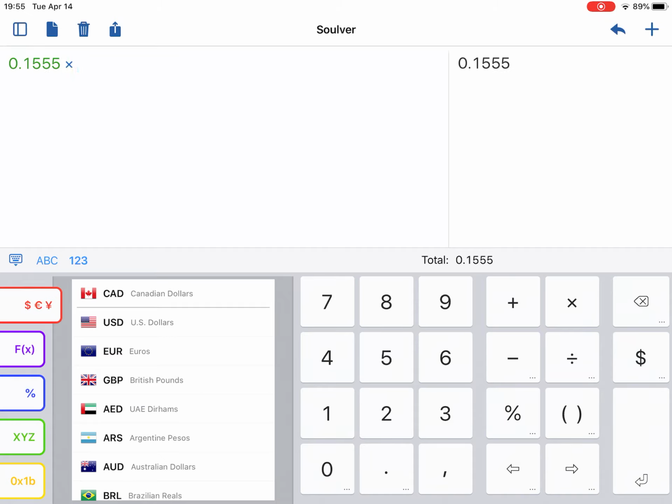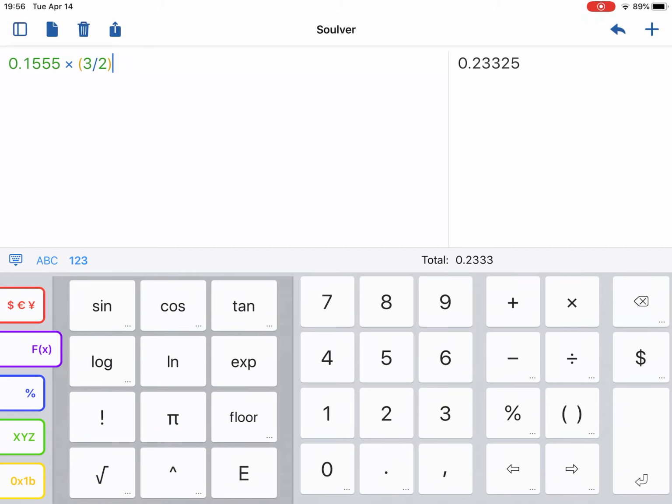So 0.155 times, in brackets, 3 divided by 2. Then I go outside the brackets, and I have to find my to the power button. Oh, right here.